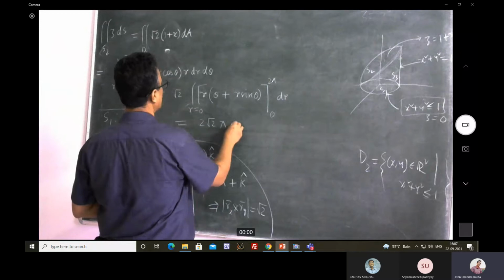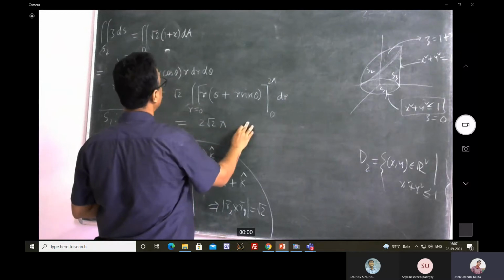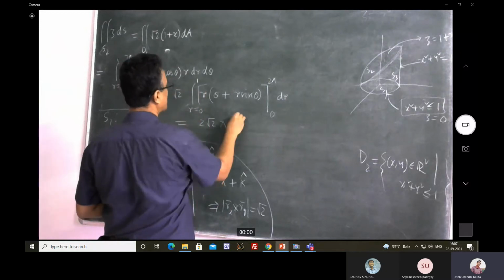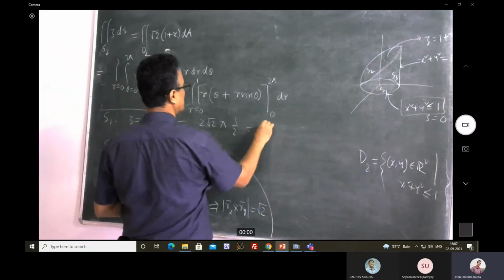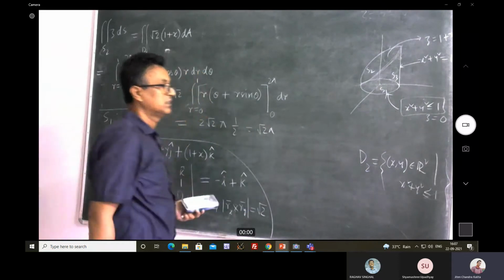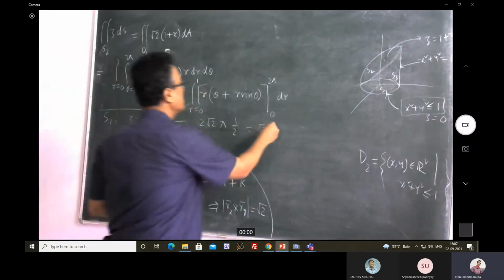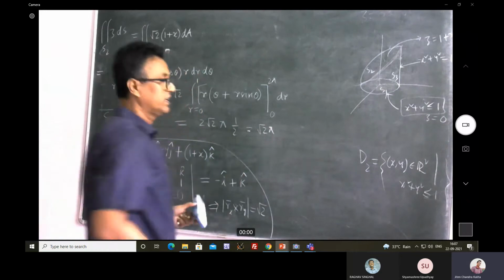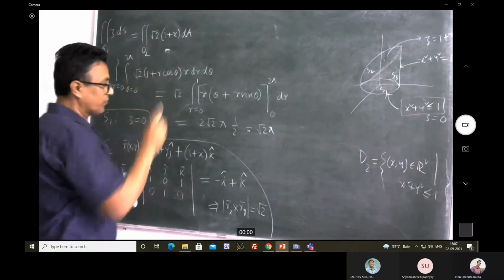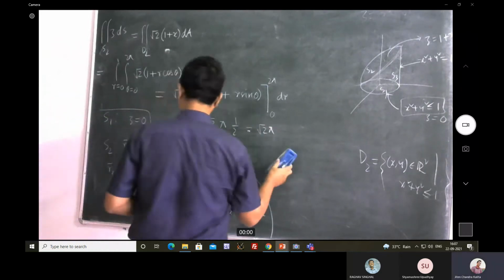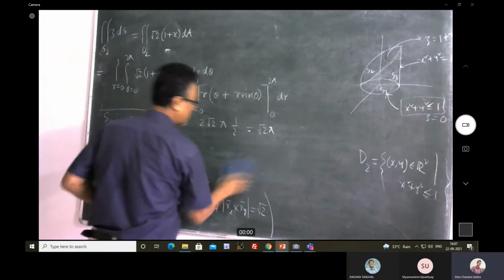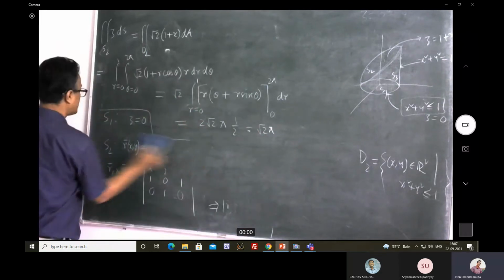Then you have simply r squared by 2, r going from 0 to 1, so eventually it is half. So it is going to give me root 2 pi. Okay, fine. So now let me come to the third part, which is the most interesting one.